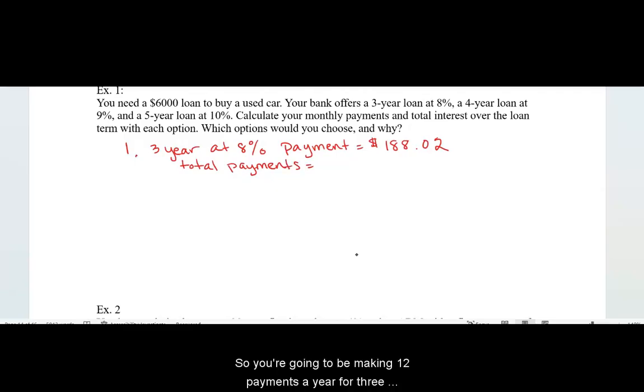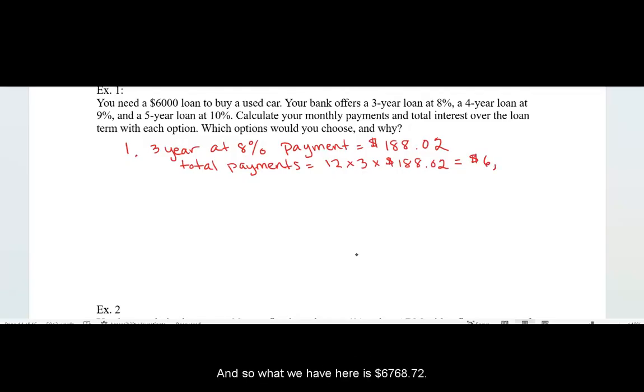So you're going to be making 12 payments a year for 3 years, and each of those payments is $188.02. In other words, you're going to make 36 payments in total.